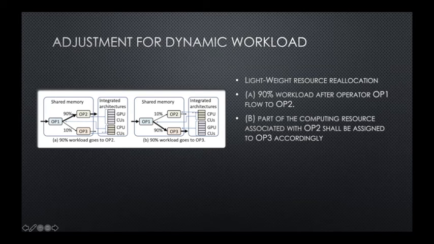So in A, 90% of the workload after operator OP1 flows to OP2, and 10% flows to OP3. And in B, part of the computing resources associated with OP2 shall be assigned to OP3 accordingly.